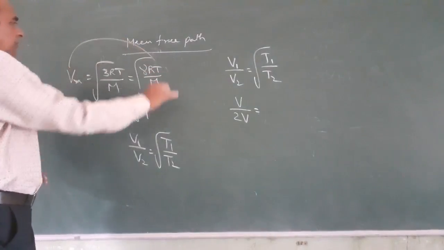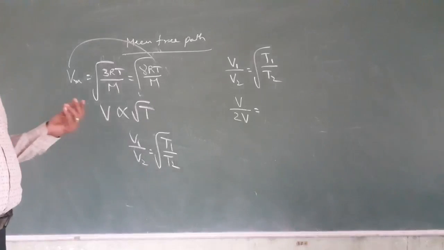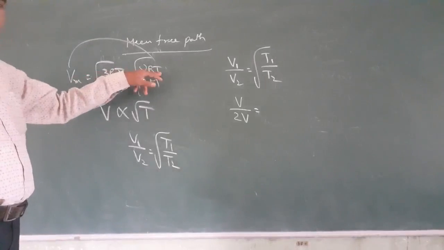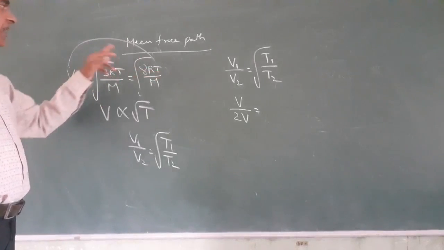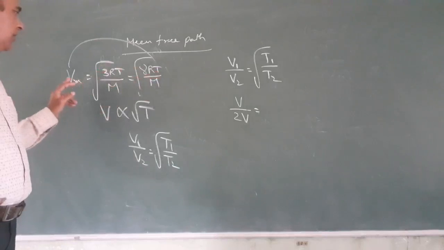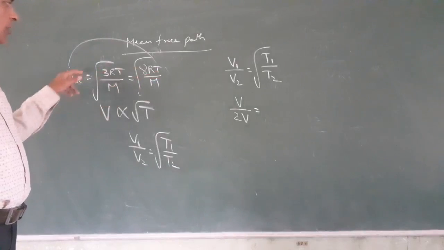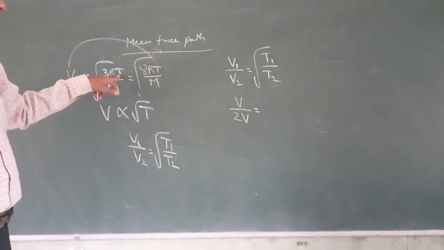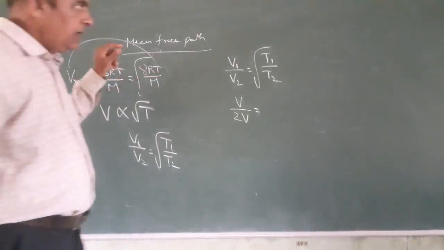Velocity of sound is directly proportional to the square root of absolute temperature. Similarly, RMS velocity of gas molecules is also directly proportional to the square root of absolute temperature.